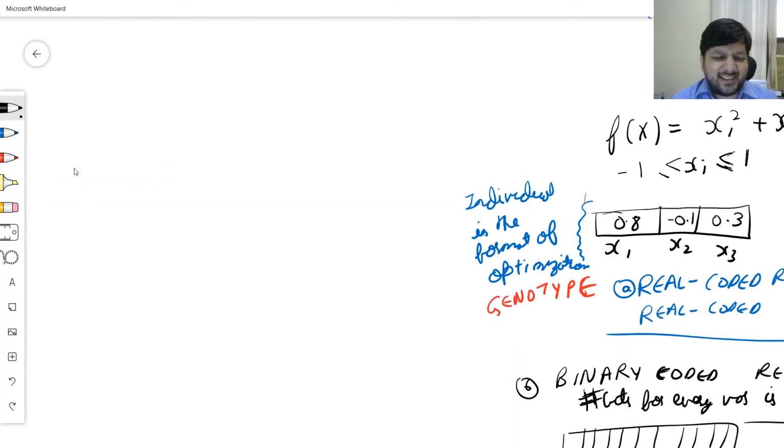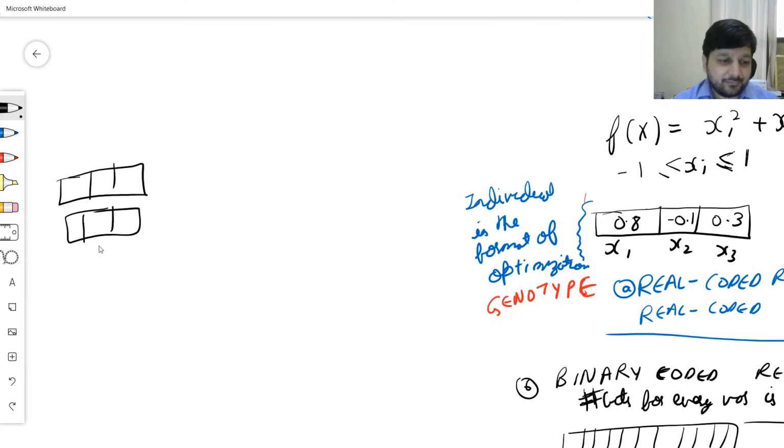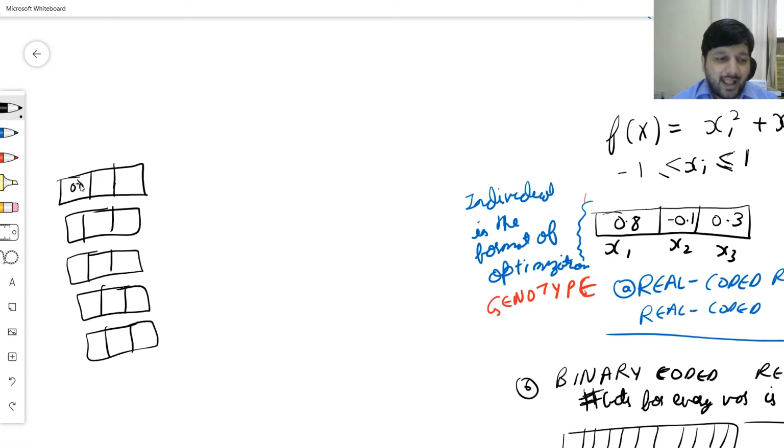Let's take in a random population, real coded genetic algorithm. And let me write down random numbers for some of them at least.